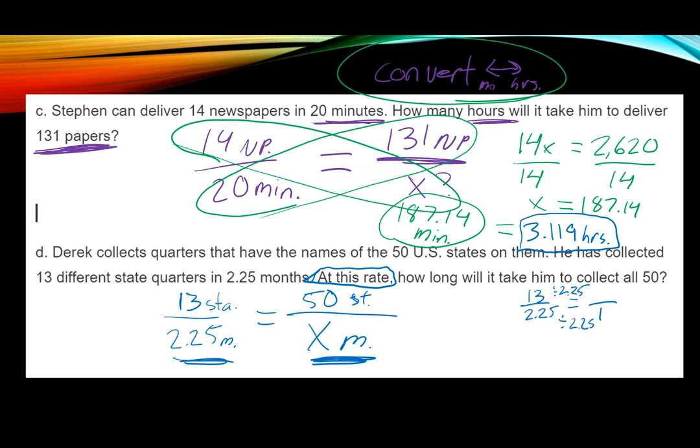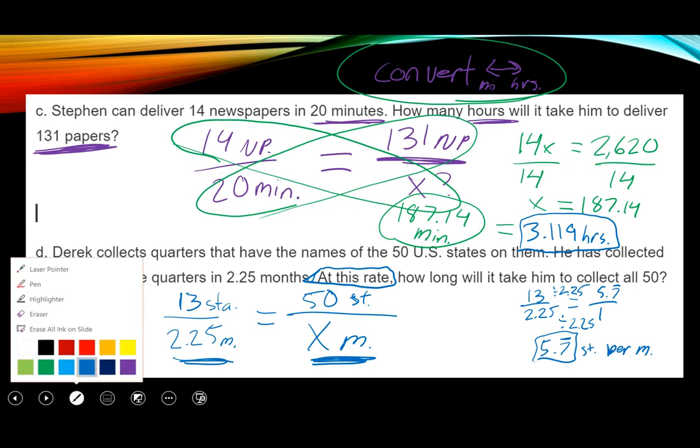And 13 divided by 2.25 is 5.7 repeating. And so what that's telling me is that 5.7 repeating states per month. So I'm going to go ahead and take this unit rate and put it right where I have that 13 over 2.25.